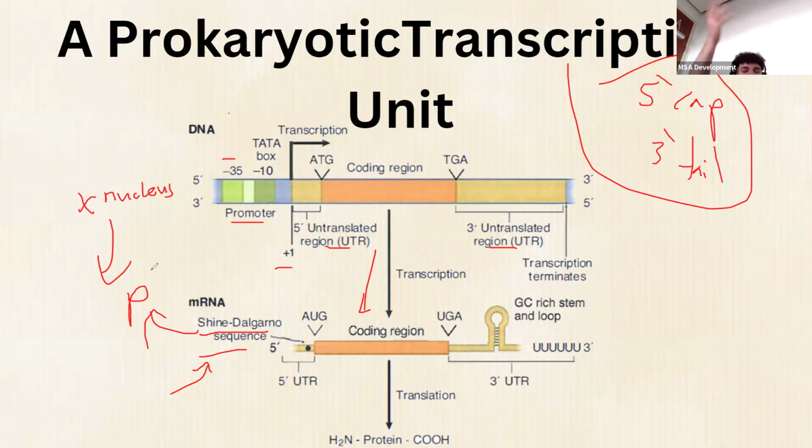And remember something important: prokaryotes do not have introns. We're going to talk more about it later on as well. So they don't need RNA editing. The second that I synthesize the RNA, it's ready to be translated.